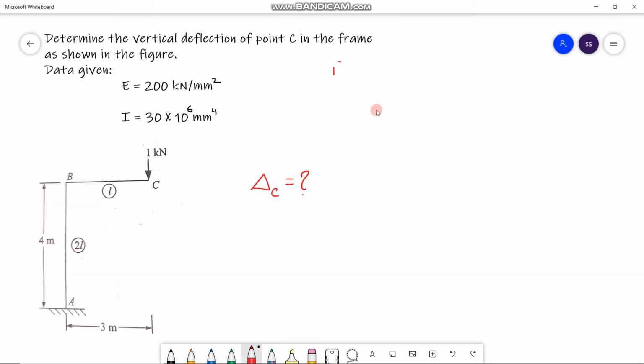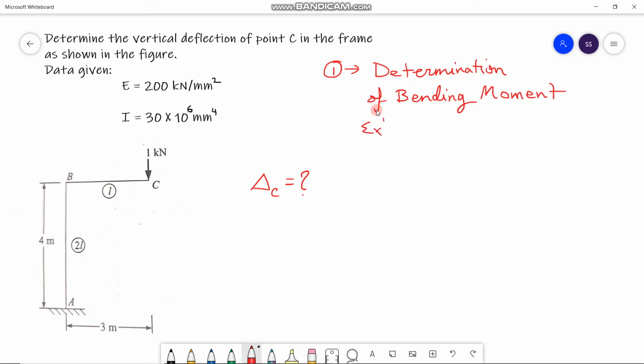Step number 1 is determination of bending moment expressions for member AB and BC.